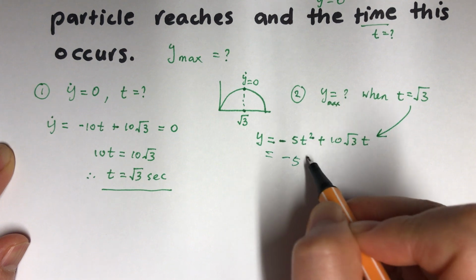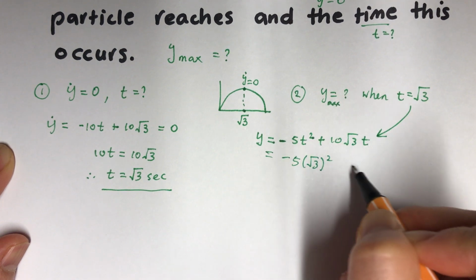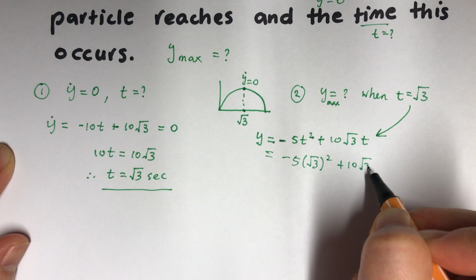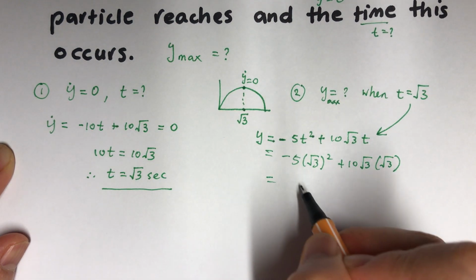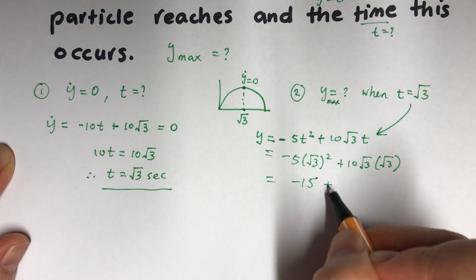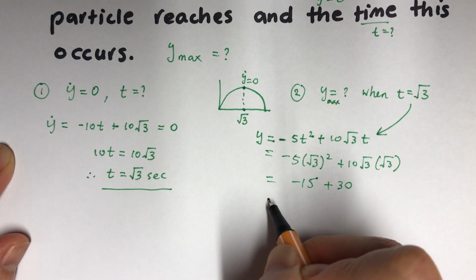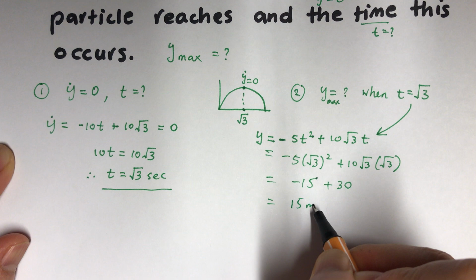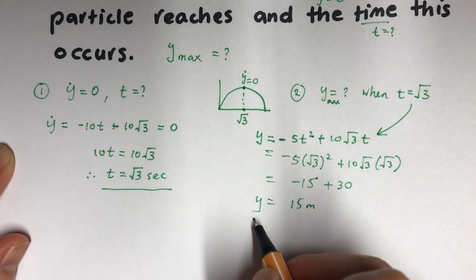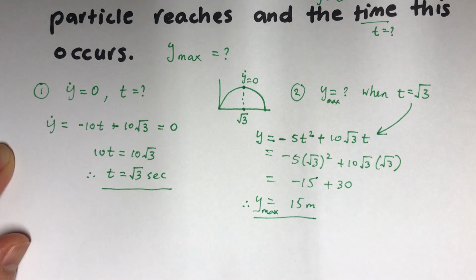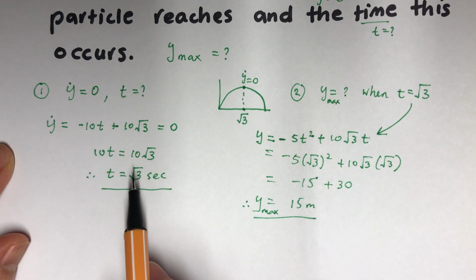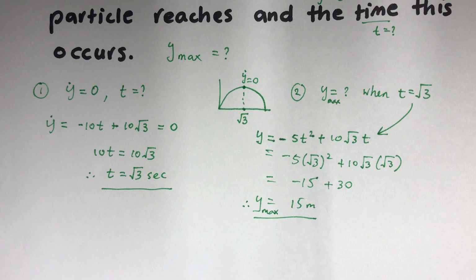So it'll be minus 5 times root 3 squared plus 10 root 3 times root 3. Yep. And then when you do that, you'll get minus 15 plus 30. You'll get 15 meters. Okay, so the maximum height is 15 meters at root 3 seconds.